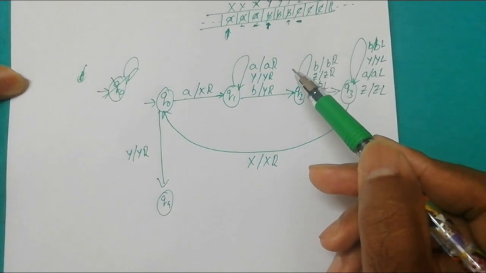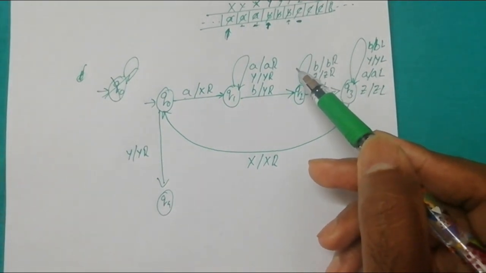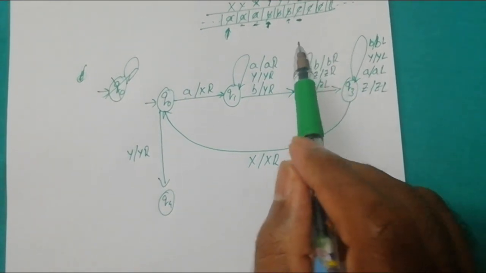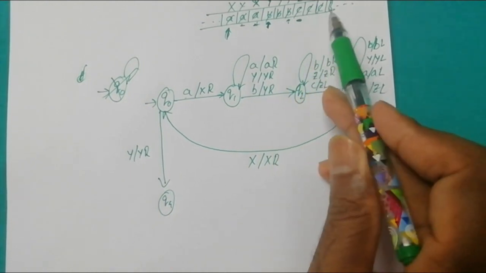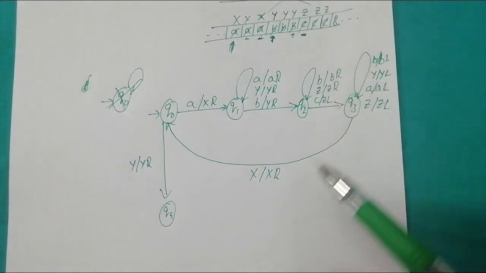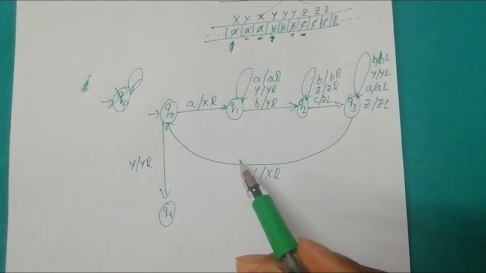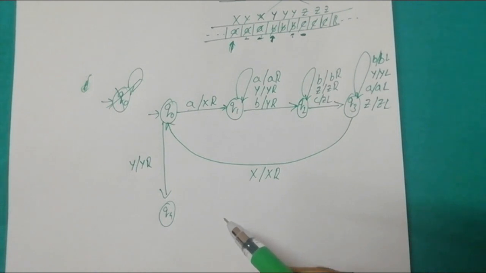If any leftover b and c remain on the tape, that means that string doesn't belong to our language. If all the b's are converted to y's and all the c's are converted to z's, that means the correspondence is matched. That means n number of a's are followed by n number of b's, followed by n number of c's, which is a string which belongs to our language.